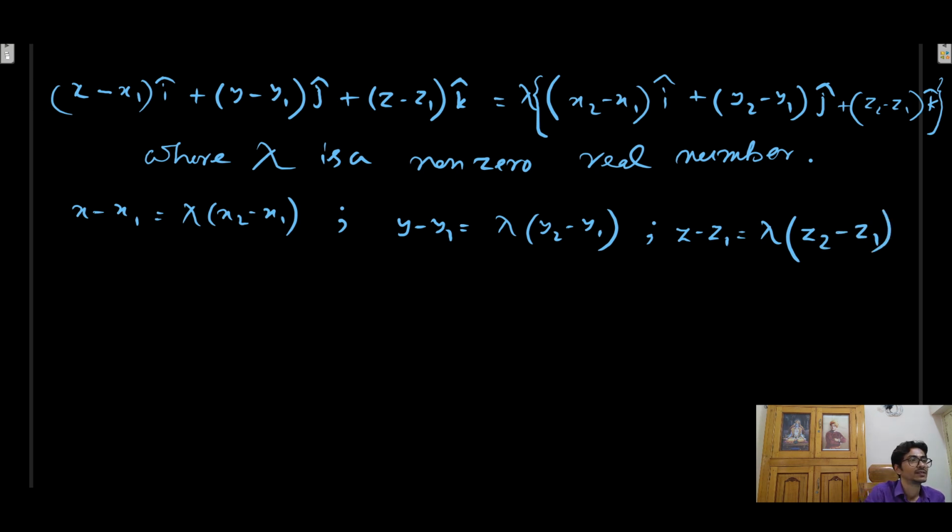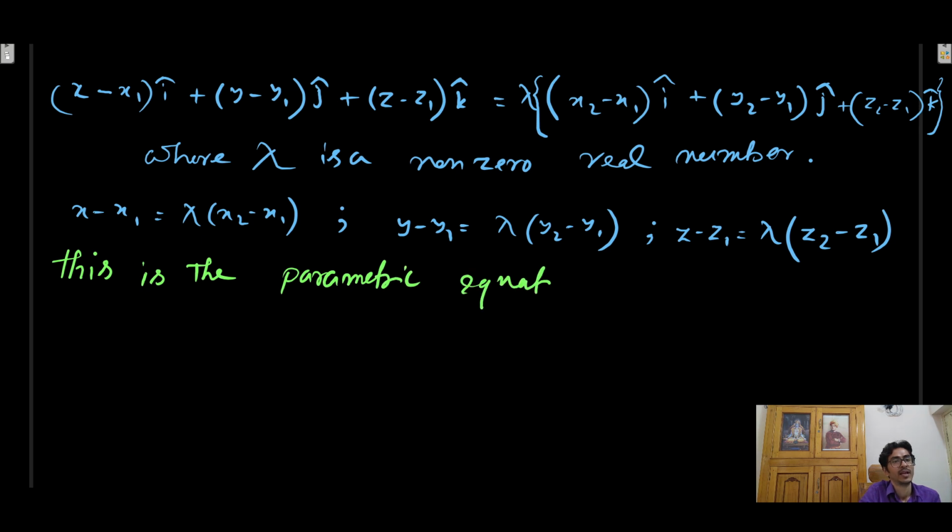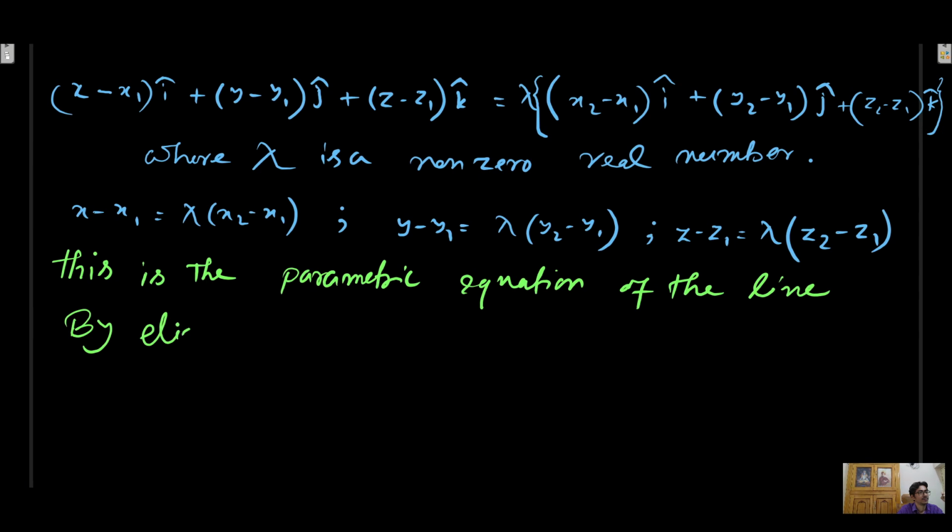This is nothing but the parametric equation of the line, because lambda is a parameter. Now, eliminating the parameter lambda, we can get the Cartesian equation of the line passing through two given points.